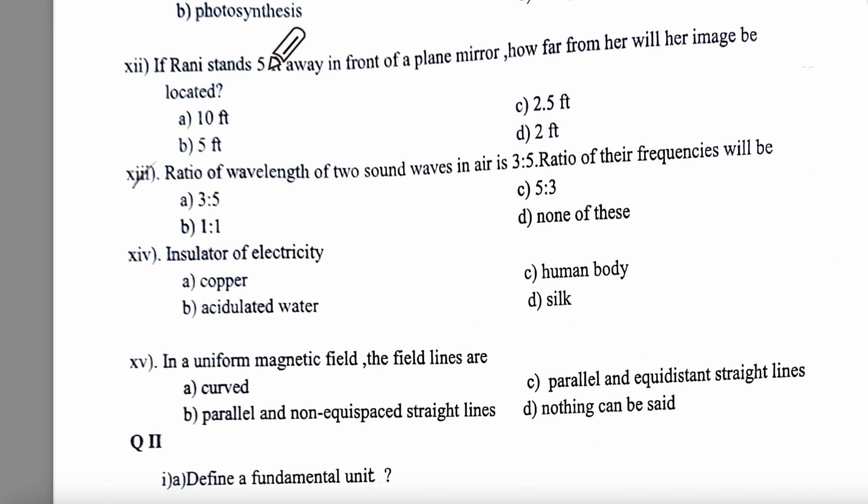Now this is easy. 5 feet away in front of the mirror, how far from her will the image be located? 10 feet, right? Object distance is 5, image distance also 5. Easy. Yes, ma'am. Ratio of two sound waves: lambda 1 is to lambda 2 is equal to 3 is to 5. The frequencies and wavelength, how are they connected? Frequency is inversely proportional to the wavelength.